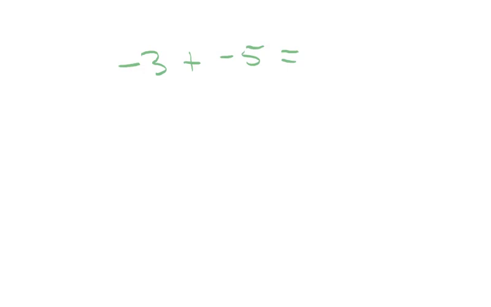So we have a -3 and a -5. So these are the numbers, and these are the signs.